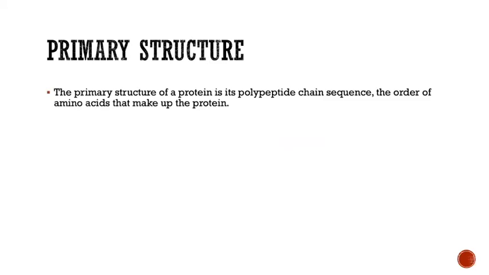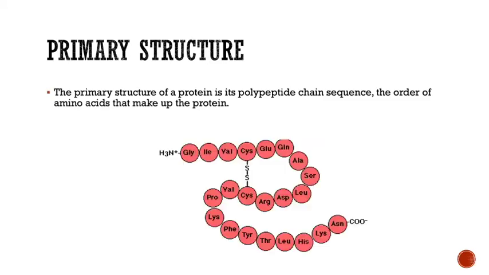We'll start with the primary structure, which is just the polypeptide chain, the order and sequence of amino acids that make up the protein. Here you have the start. Proteins are always read from N terminus to C terminus. That's how they're made.